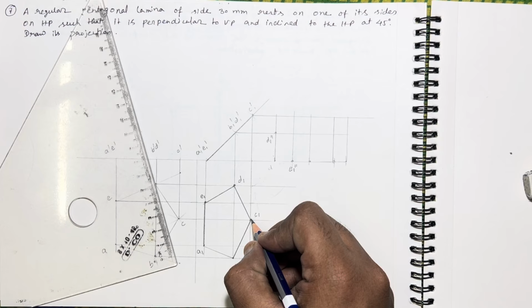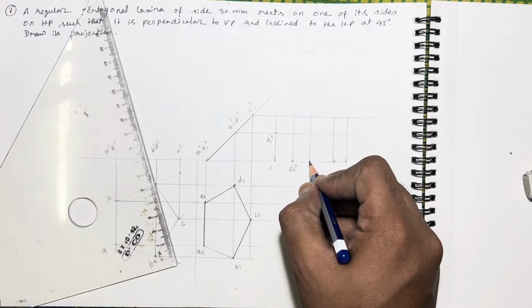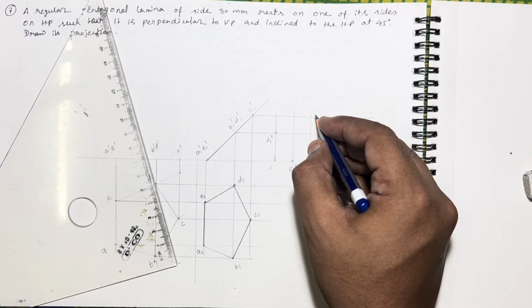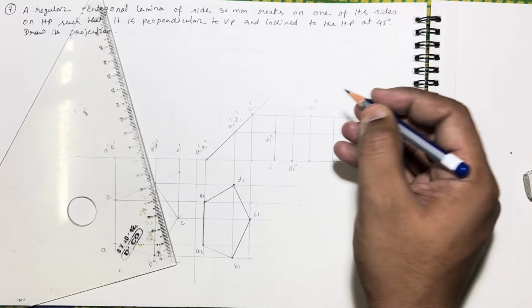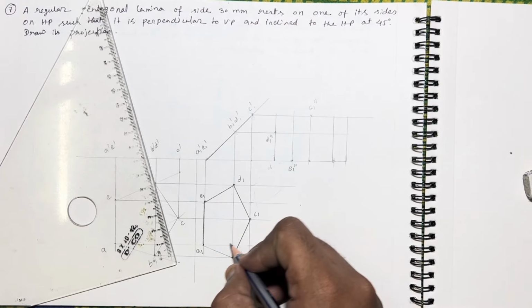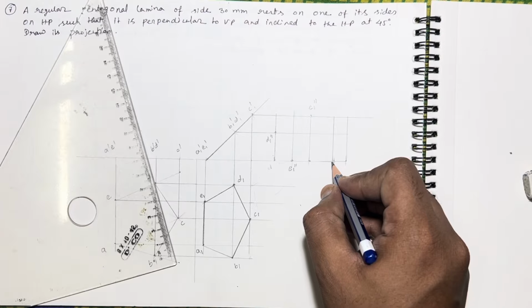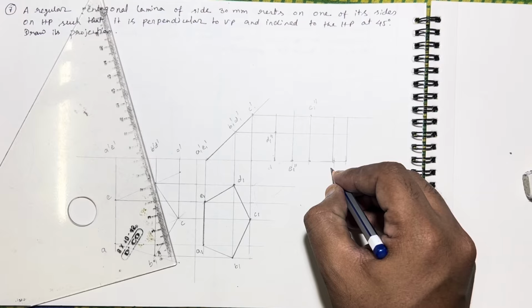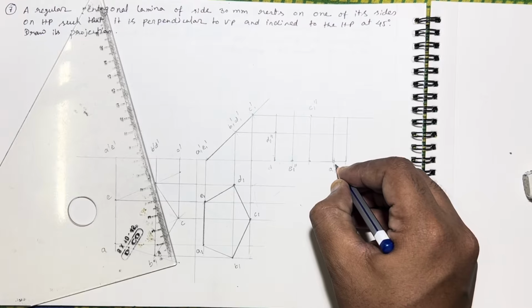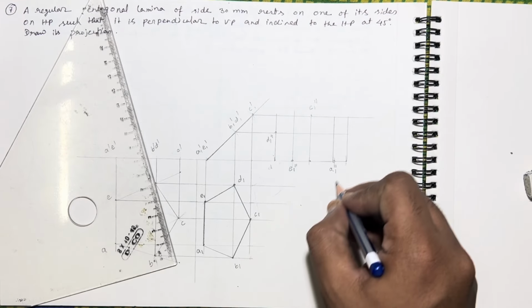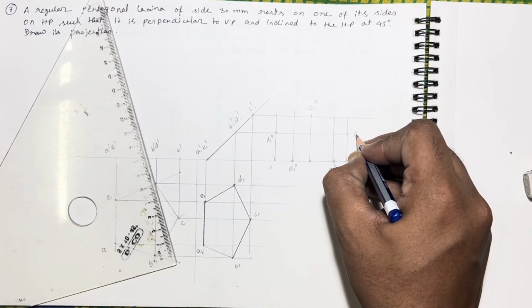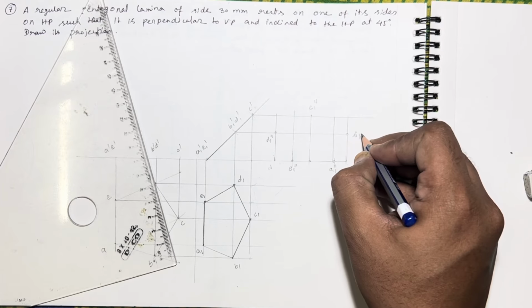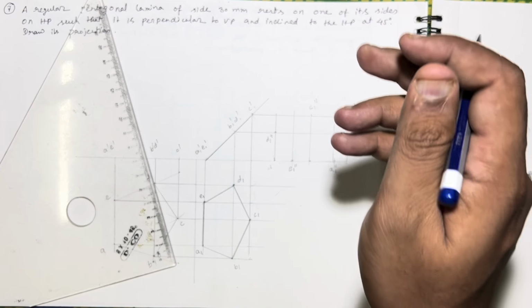Now this point is C, this is C, and C is coming here. So this one is your C1 double dash. Now this is A and this is also A. So this one is your A1 double dash. This one is B and B is here. So this one is your B1 double dash.